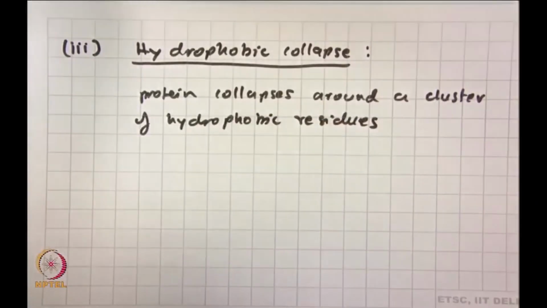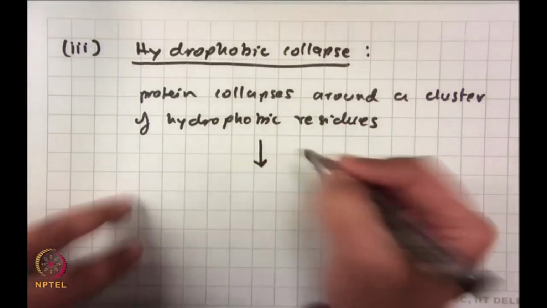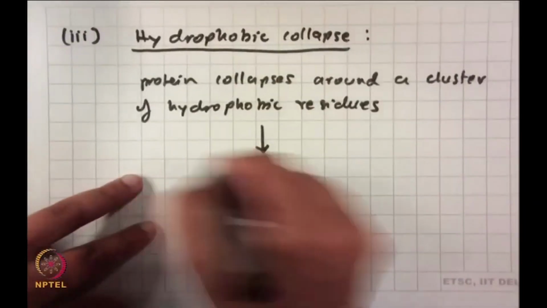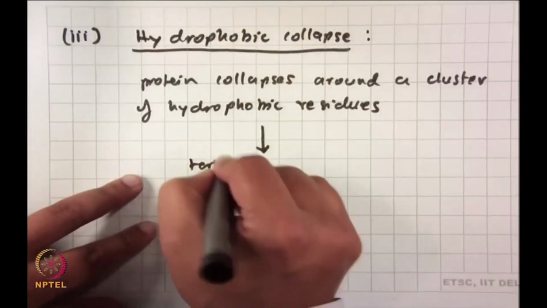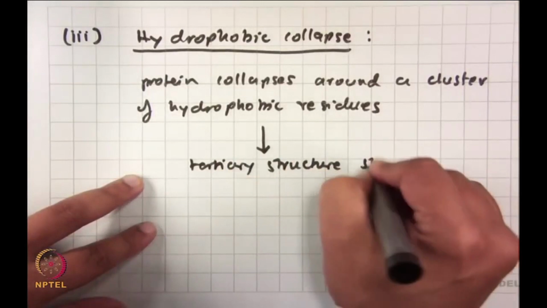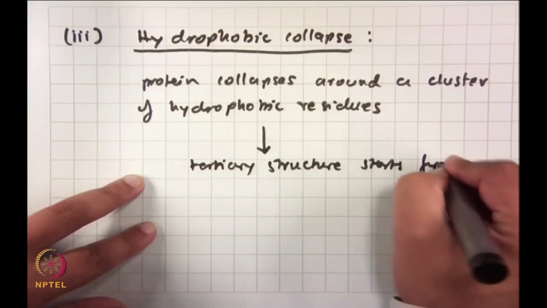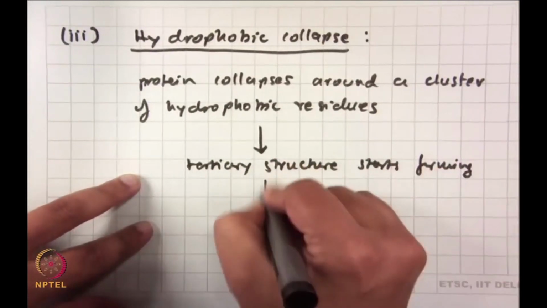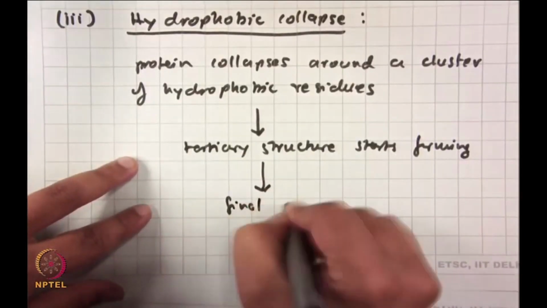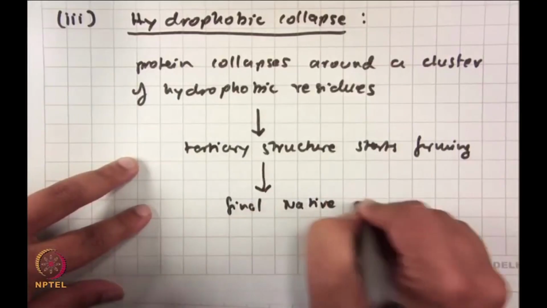So, this is your collapse, there is a collapsed form. Tertiary structure starts forming, and then you get the final native state.